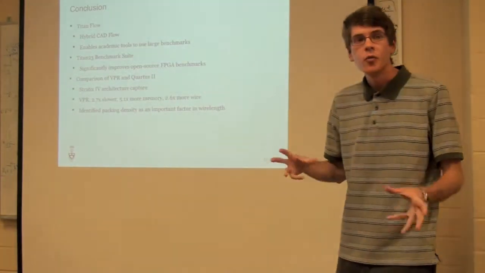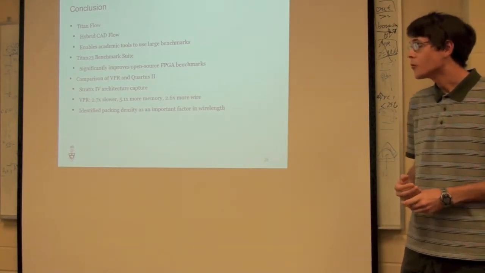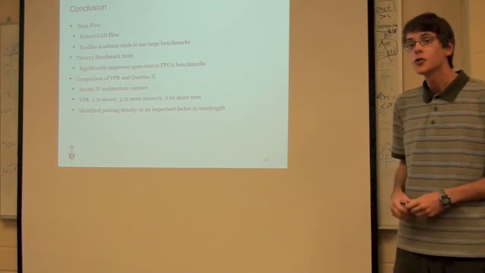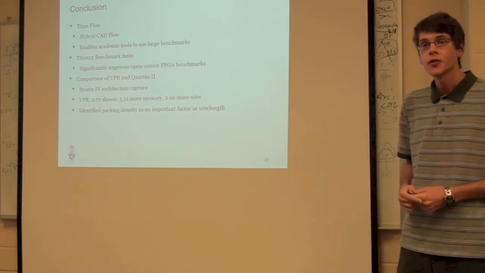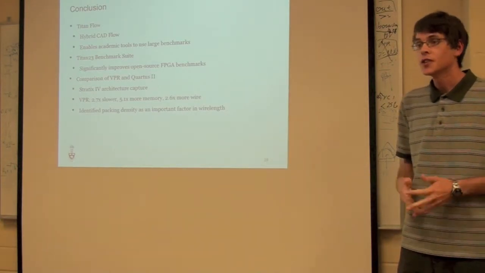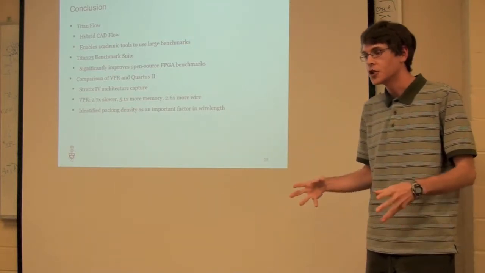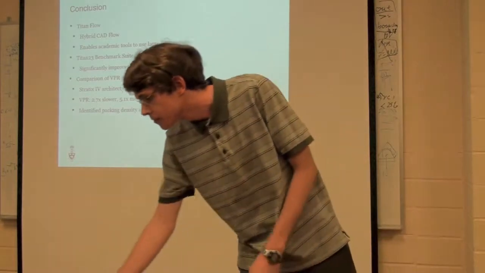And finally, we were able to perform a comparison between VPR and Quartus 2, targeting a similar Stratix 4-like architecture. Our overall conclusion was that VPR was 2.7 times slower, used 5.1 times more memory, and used 2.6 times more wire. And finally, we identified that focusing on achieving a very dense packing is a large factor in that large wire length gap.